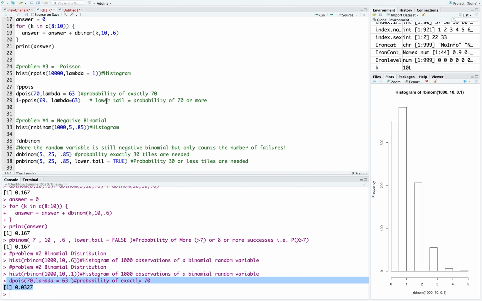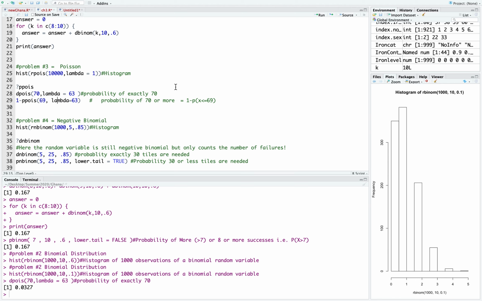By default, the command is the cumulative. So the probability of 70 or more is going to be equal to 1 minus the probability X is less than or equal to 69 deaths.